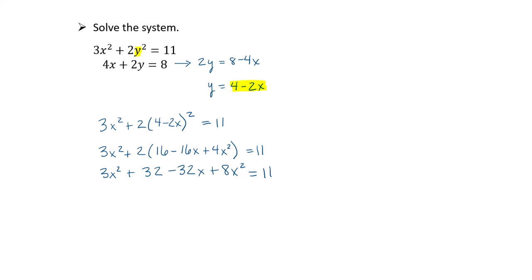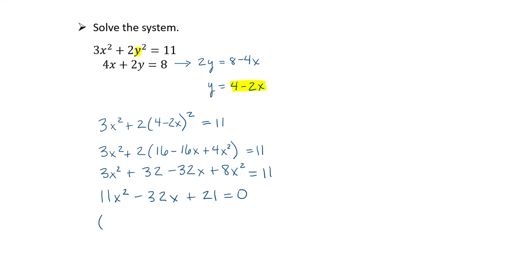Now, I have some like terms that I can put together, but ultimately I see this is a quadratic. It's going to have to get set equal to 0 and will factor. So let's combine the like terms: 11x squared from my 3x squared and 8x squared, a negative 32x, and a positive 21, which equals 0.